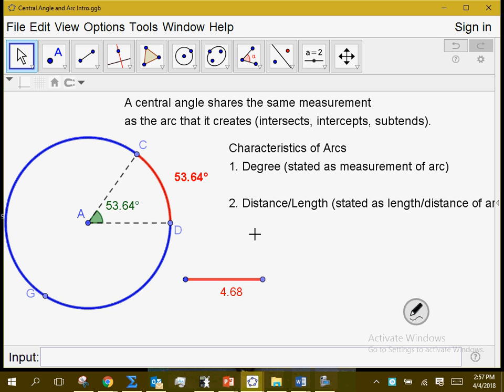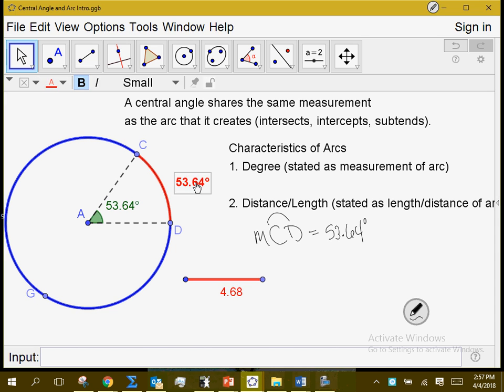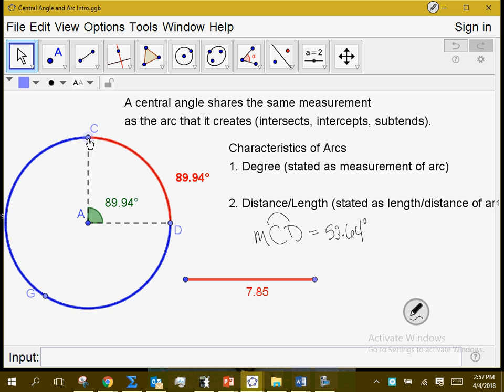Written out in notation it would be the measurement of arc CD, and we would say 53.64 degrees. So if the measurement of arc CD is 53.64 degrees, how does that relate to the central angle? They're the same, and they're the same all the time. Does that make sense to everyone?